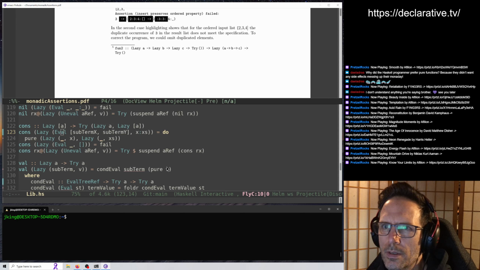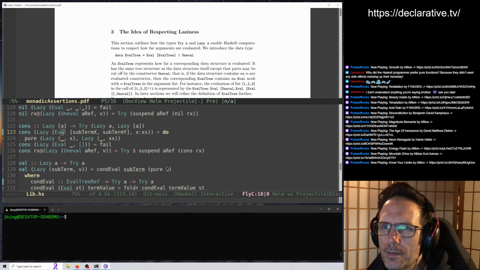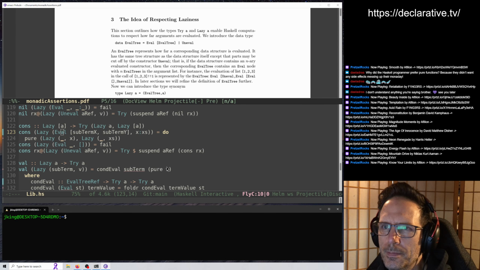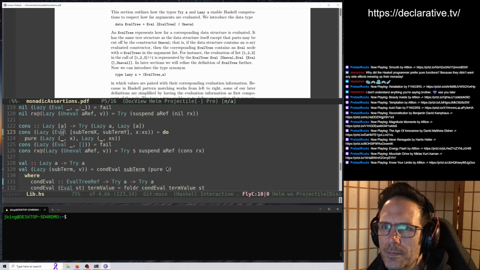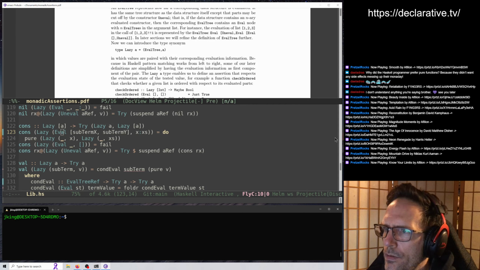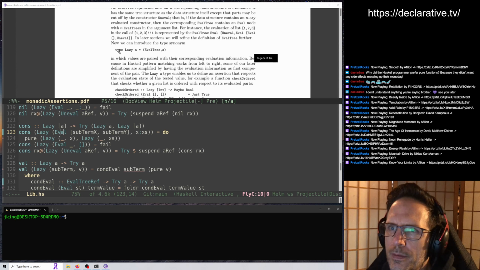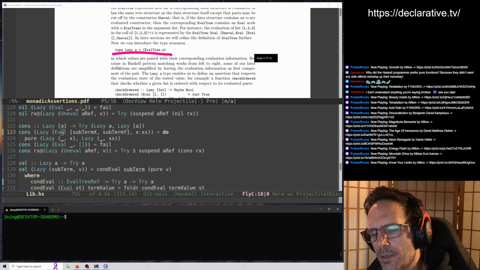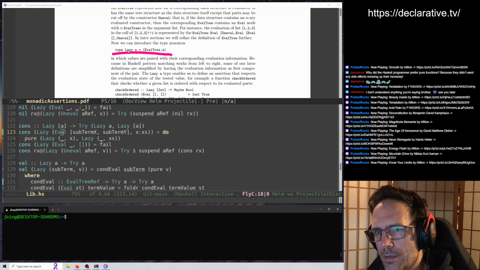Insert checked, no, that. That's the only definition of lazy that we have. But once we introduce the eval tree and then the eval tree ref type in the later section, that breaks lazy here.